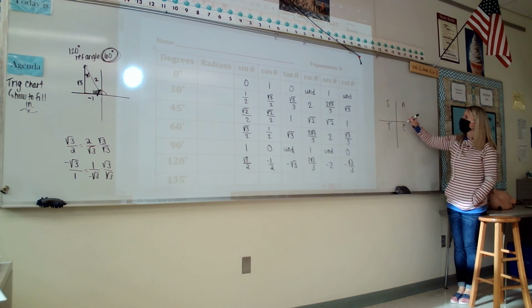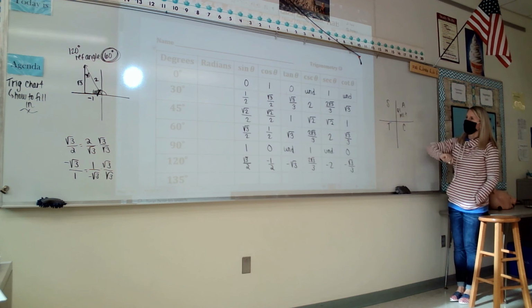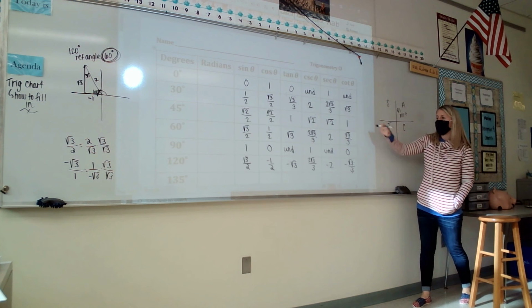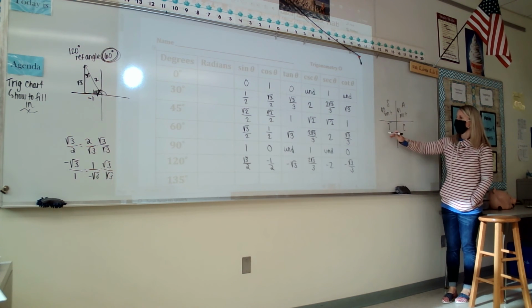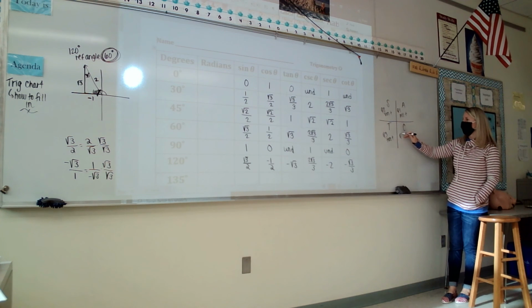And what that meant was, in quadrant 1, all are positive, which makes sense. For these 3, they were all positive because they were all in quadrant 1. In quadrant 2, sine is positive. That's what the S means. In quadrant 3, tangent is positive. And in quadrant 4, cosine is positive.